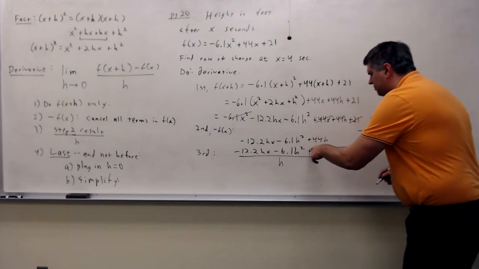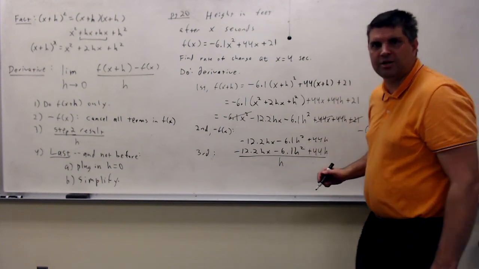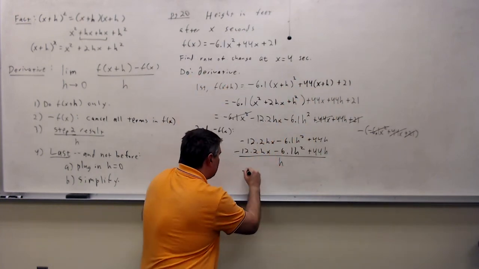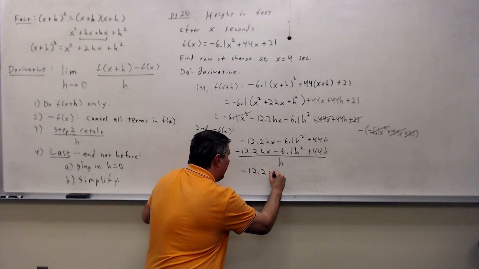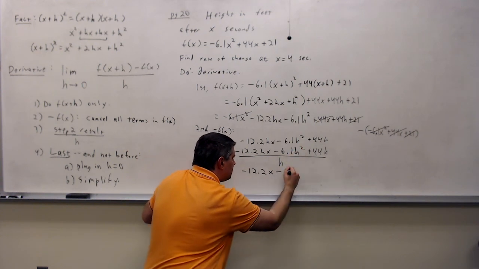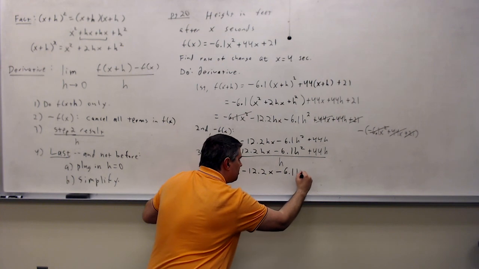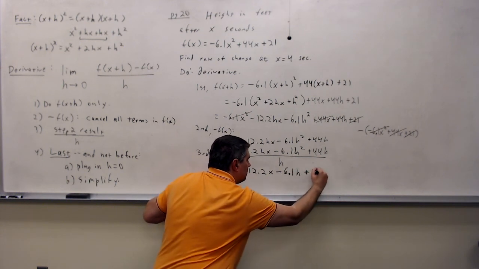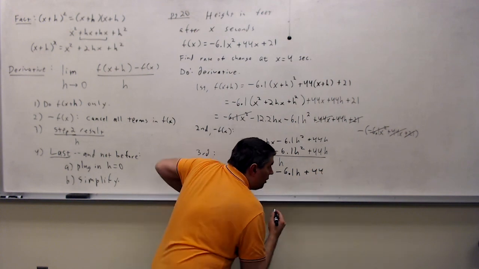All three terms are divisible by h, so I do it. That gives me, here the h's cancel, negative 12.2 just x, minus h squared divided by h will just leave me h to the first. And here the h's cancel. Okay.